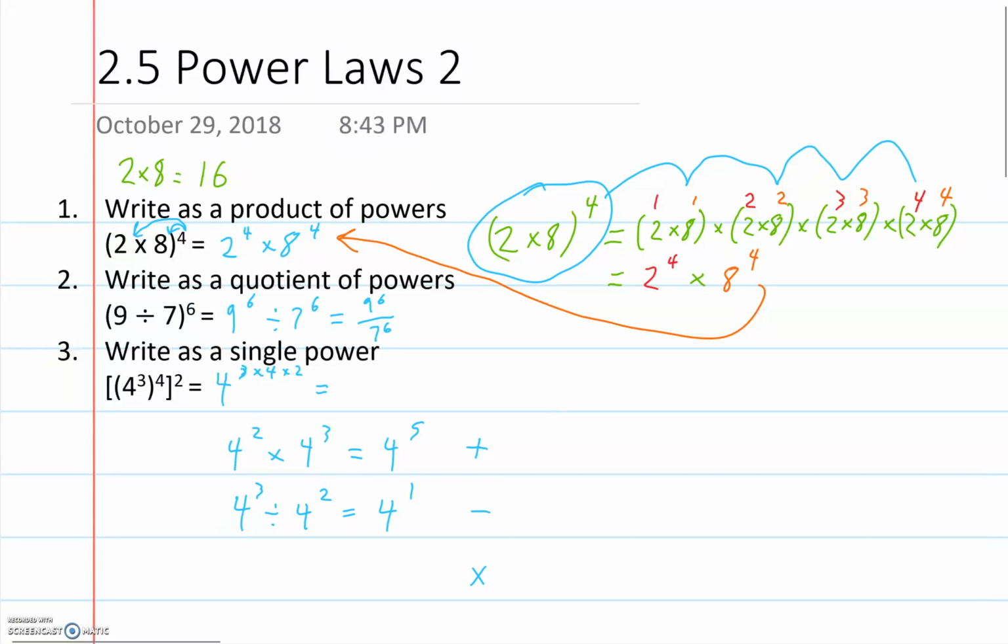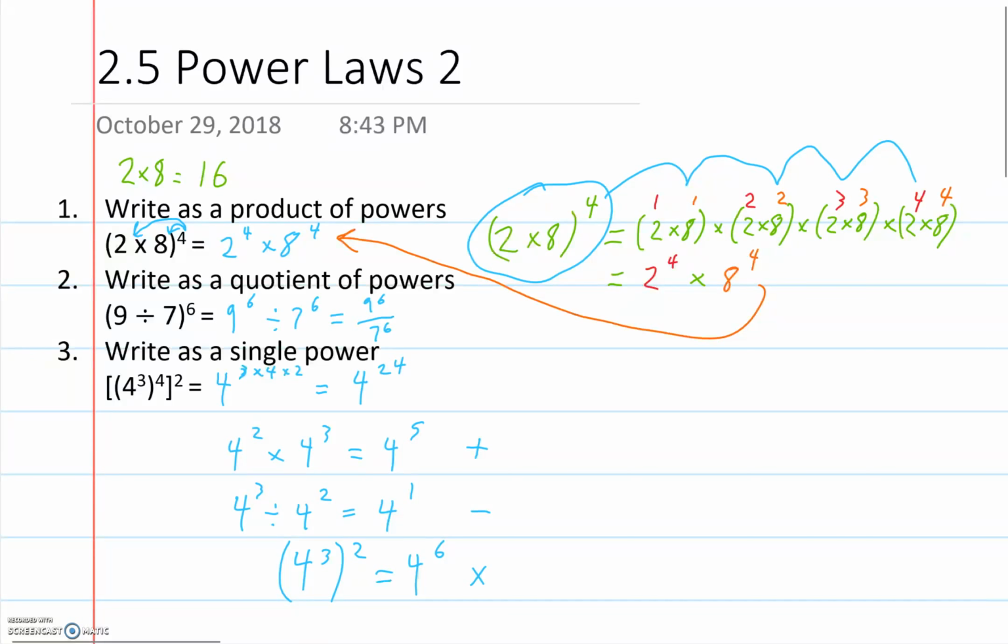What is 3 times 4 times 2? It is 12 times 2, 24. So 4 to the 24th. Again, not very complicated. We multiply the exponents.